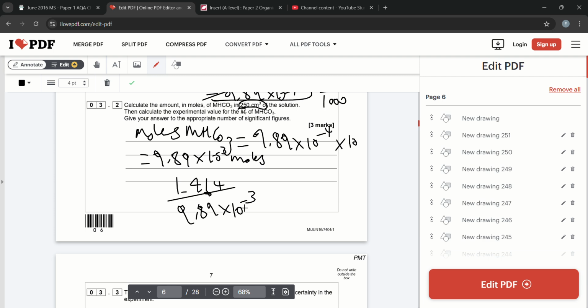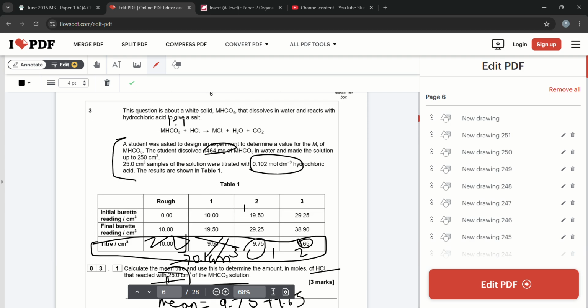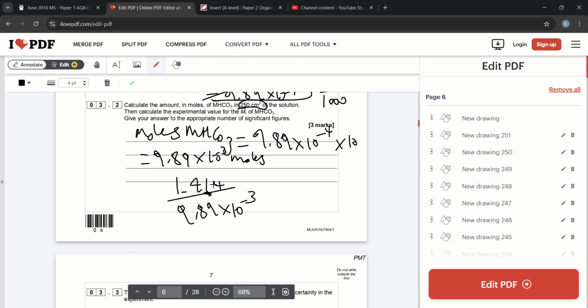Yep, I need to change the calculator. So we get 148, and that is the MR. 148 MR to 3 significant figures.